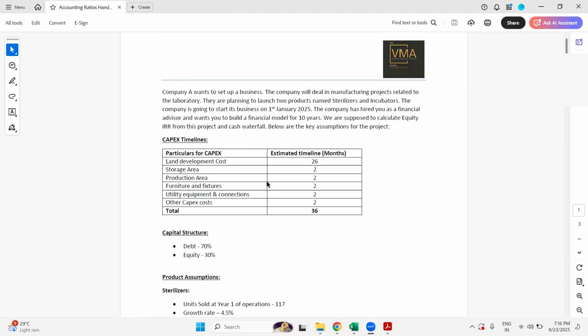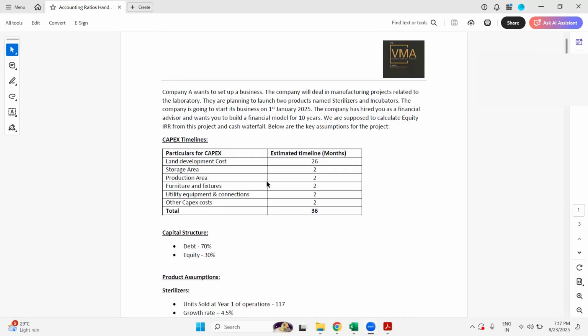So I always tell my students that please always start from gathering the information about timelines. The first piece of inputs in your financial model should be related to timelines. And guys, in the case study, whatever the important information is, you should highlight it so that you don't forget to put any assumptions in your financial model.